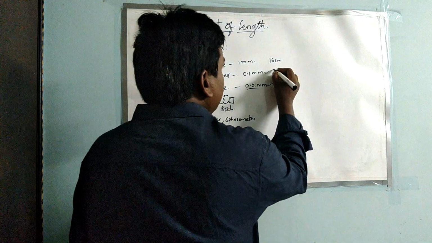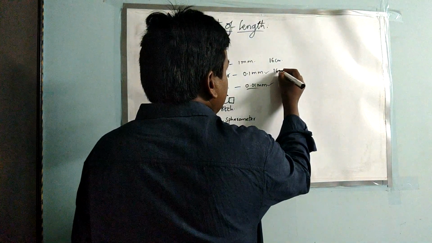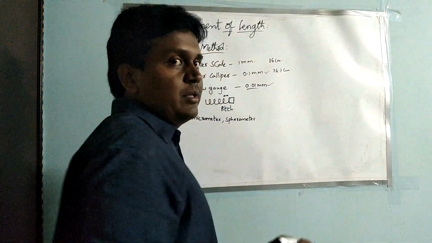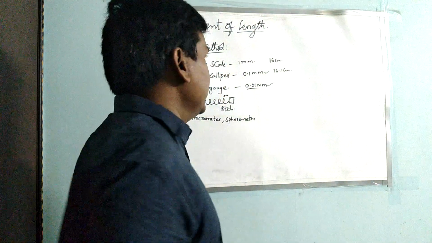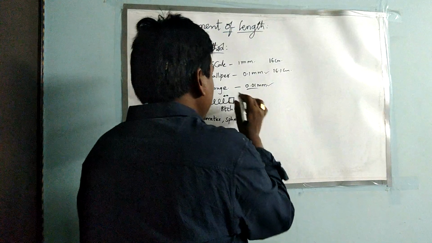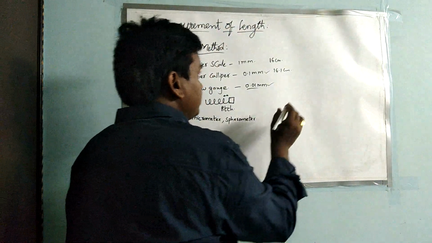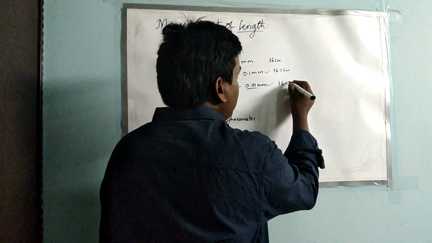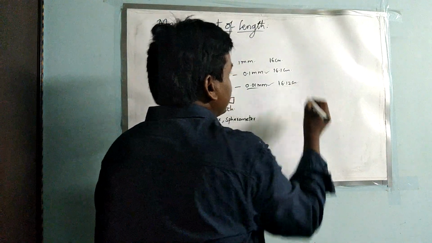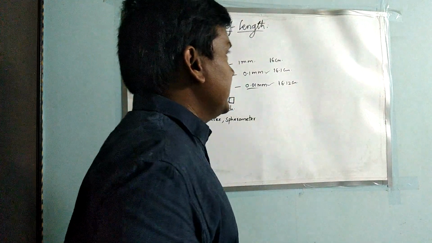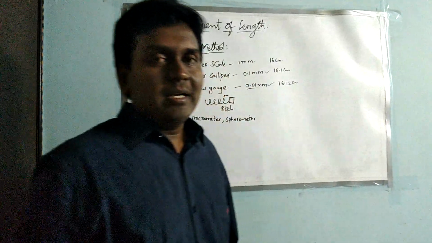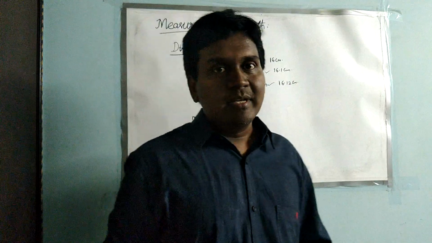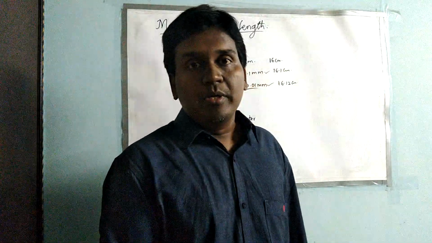That means we can measure up to 16.1 centimeter. And by using a screw gauge or micrometer or spherometer, we can get a value up to 16.12 centimeter. So this is the least count measured by the different instruments: meter scale, vernier calipers and screw gauge.